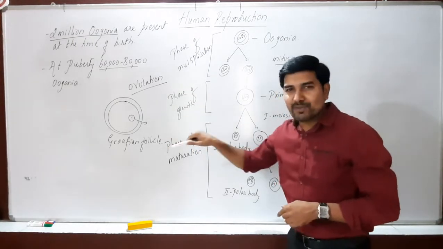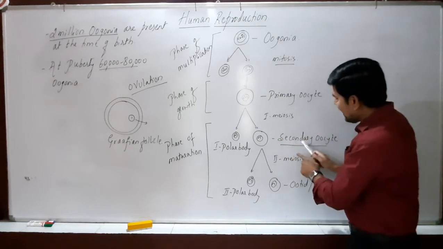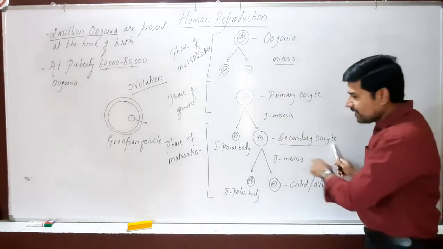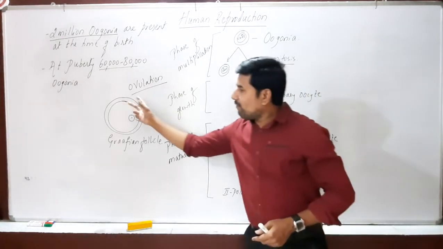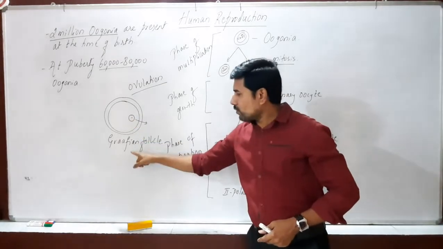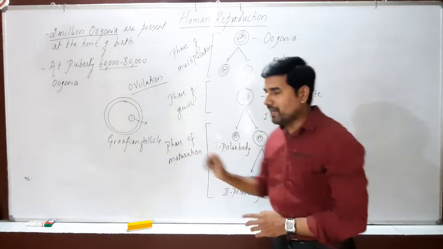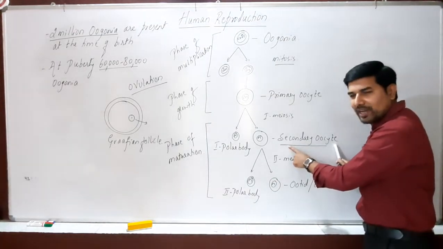Now during this process, what happens? The primary oocyte undergoes first meiosis, and it is present at the secondary oocyte stage. When it is at the secondary oocyte stage, the follicle matures into the Graafian follicle, and this ovum gets released. The ovum, meaning egg, is released at the secondary oocyte stage only.